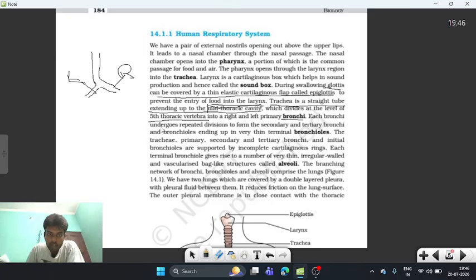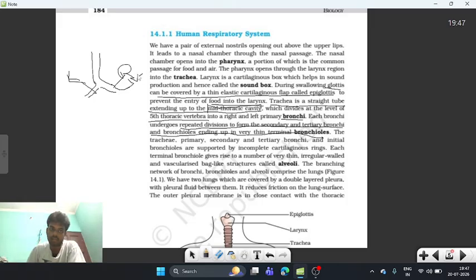Each bronchus undergoes repeated divisions to form the secondary and tertiary bronchi and bronchioles, ending up in very thin terminal bronchioles. These are kind of branches, nothing else.